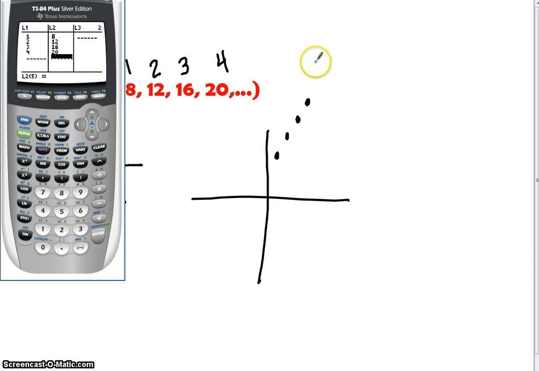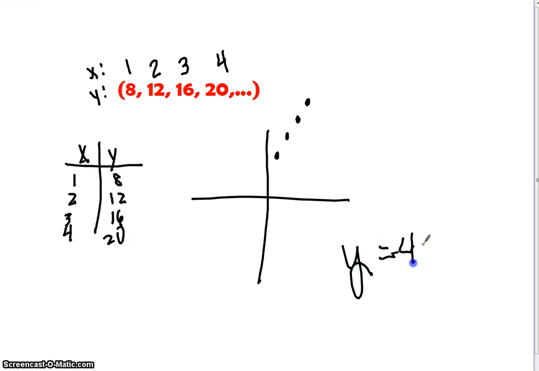Once again, I can tell that looks like it's making a line. If I wasn't sure, I could go ahead and do Stat Calc 5. A is 0, so there is no X squared. B is 4, and C is 4. So this is going to be Y is equal to 4X plus 4. And it's plus 4 because that second one was a positive. That C was a positive value.